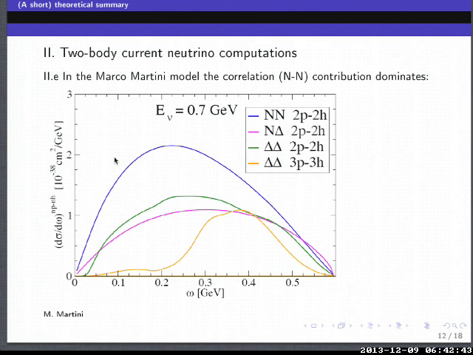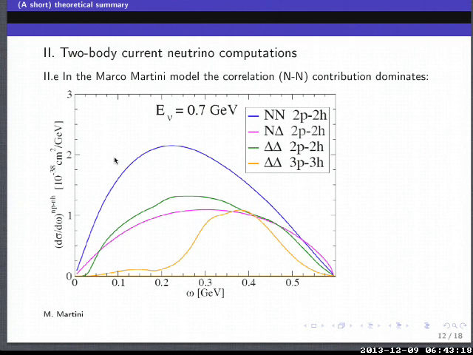This is a differential cross-section at a fixed neutrino energy, 700 MeV, and we see that this contribution and that one account for probably 75% of the two-body current enhancement. Delta delta is the green one.